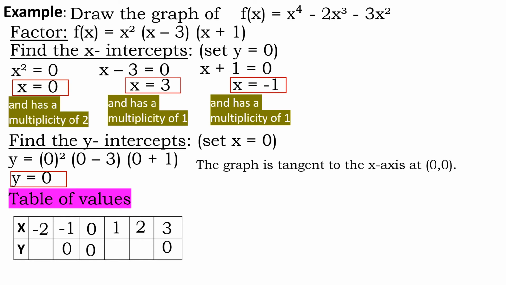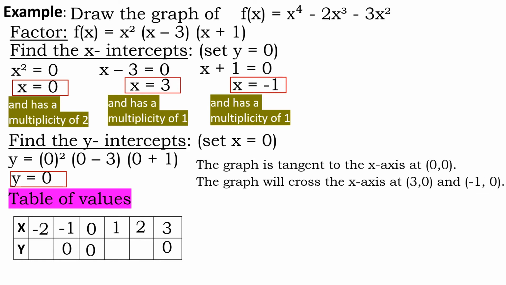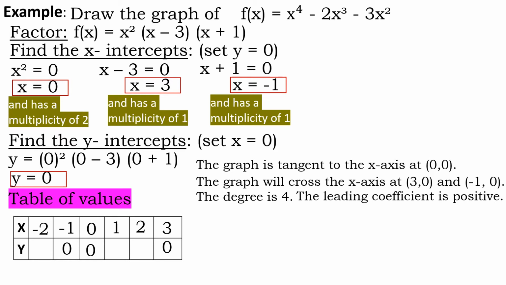So, our conclusion: the graph is tangent to the x-axis at 0, 0 since it has a multiplicity of 2. The graph will cross the x-axis at 3, 0 and negative 1, 0 since it has a multiplicity of 1. The degree of our polynomial is 4 and the leading coefficient is positive.